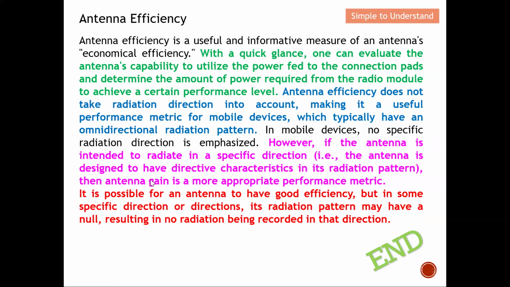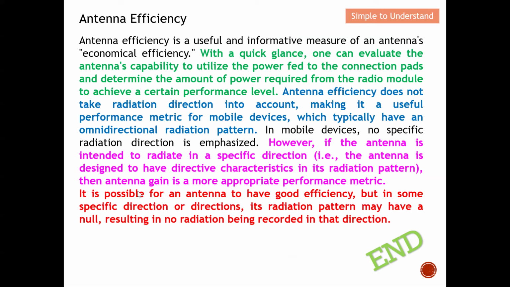So in short, when we use antenna efficiency, most of the time it is in an omnidirectional case, which means that they radiate the power 360 degrees evenly. There is no specific direction. When we want to describe an antenna in a specific direction, then we like to use the term antenna gain. So this will be more clear to indicate how directive the antenna is based on the antenna gain.